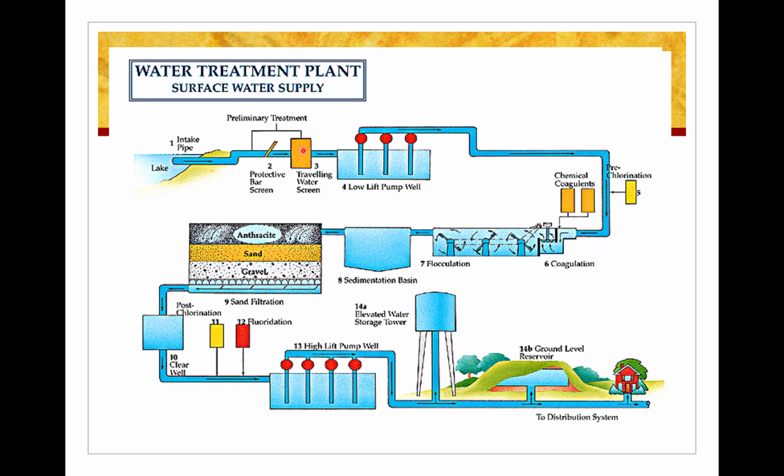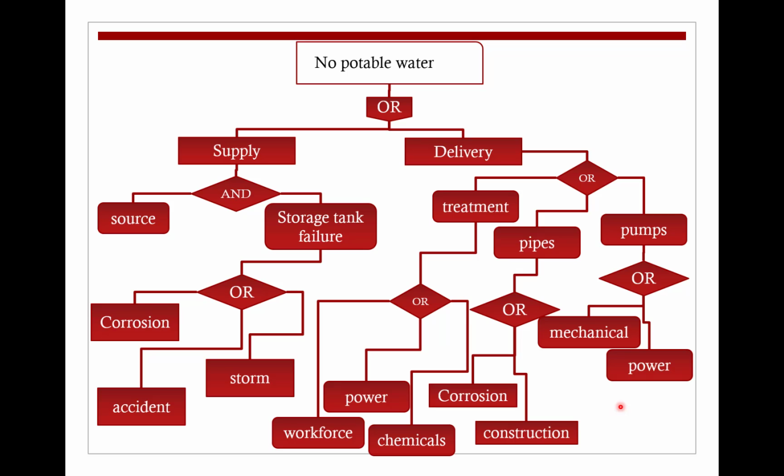But nonetheless, there are lots of things in this system that would have to go wrong in order for you to stop delivering potable water to the customers. And so a rudimentary fault tree for this could be something like so. The top level event that we don't want to occur is no potable water available to the customers.